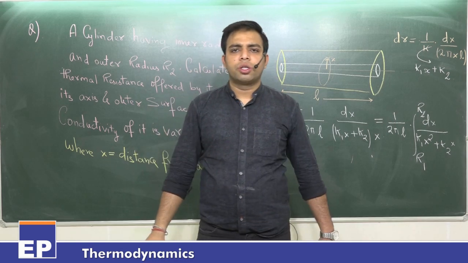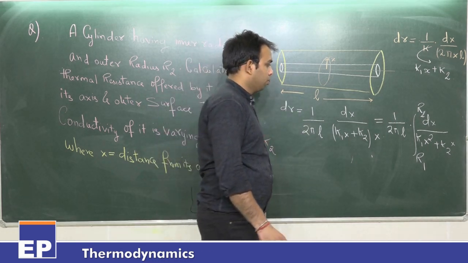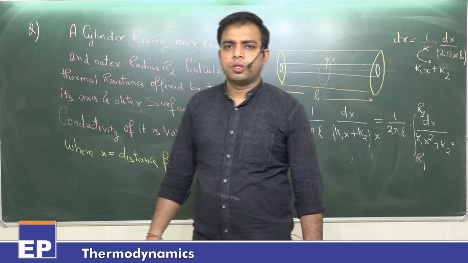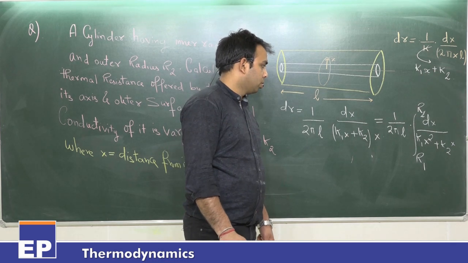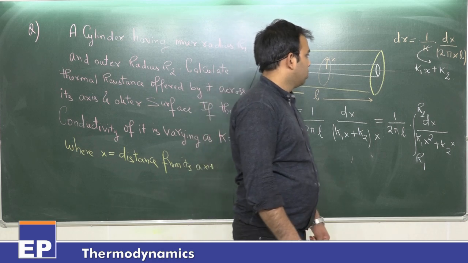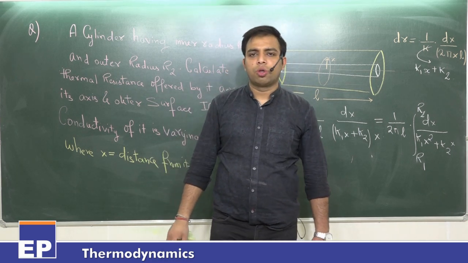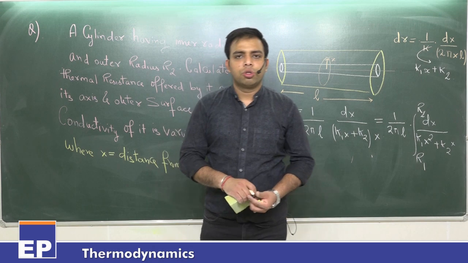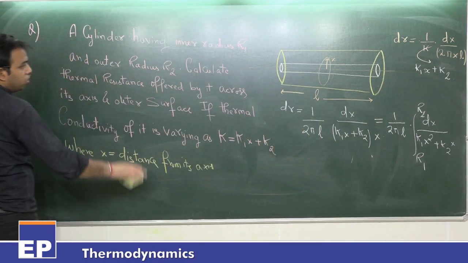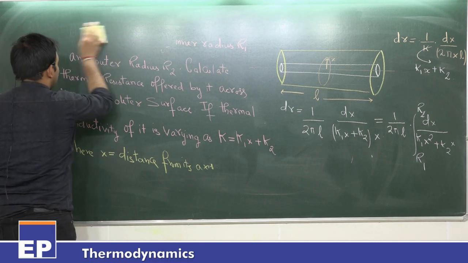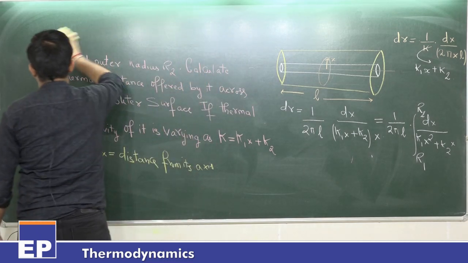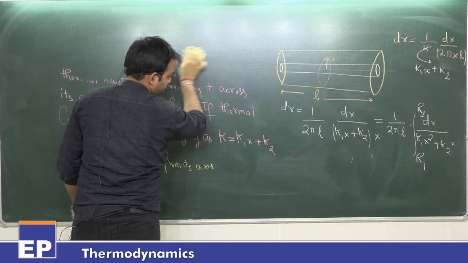So integrate dx by k1 x square plus k2 into x to calculate the value of resistance. Right? इस टाइप के फंक्शंस को हम इस प्रकार से सॉल्व कर सकते हैं. Next.